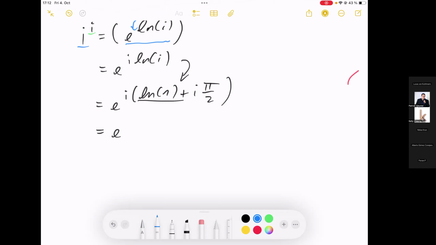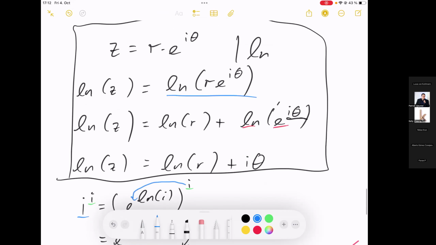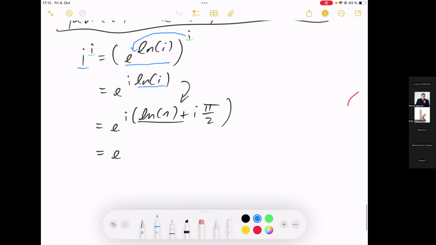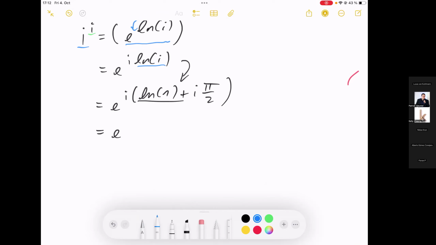Because before you've seen the ln of a complex number, we've just done this before, what we've just seen here applied to i. But this is your quiz, how to do that step. And then we see that ln of 1 is obviously 0. So that disappears. And then we still have this piece left. So i times pi half.